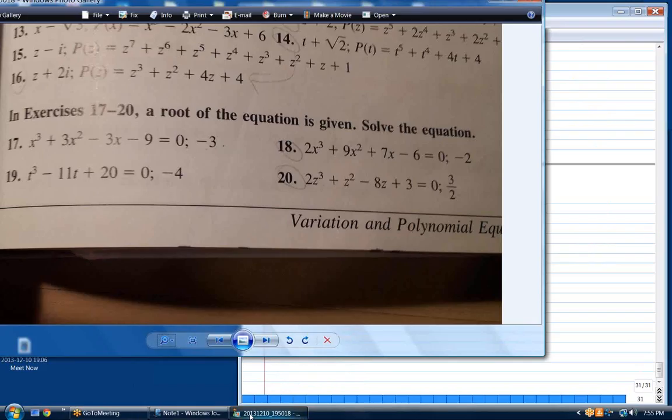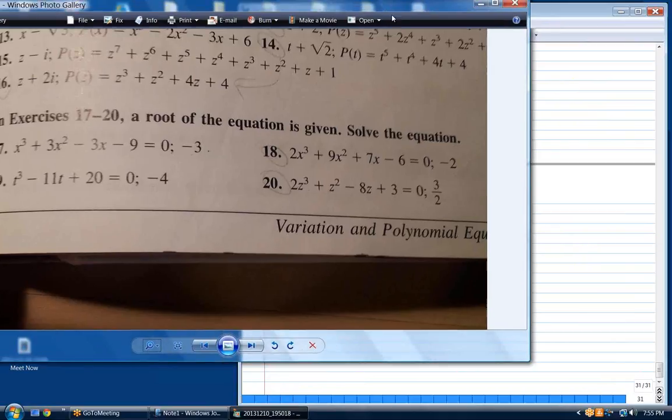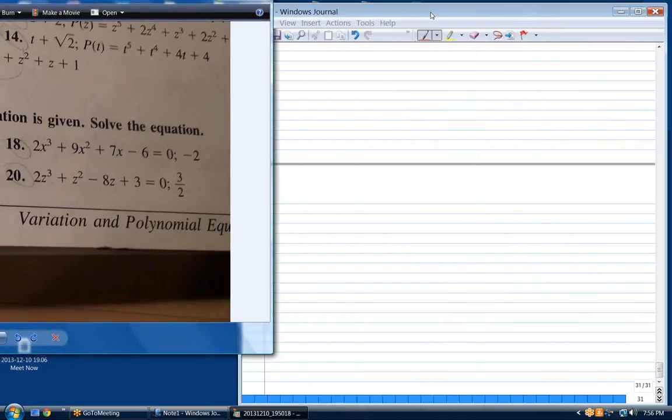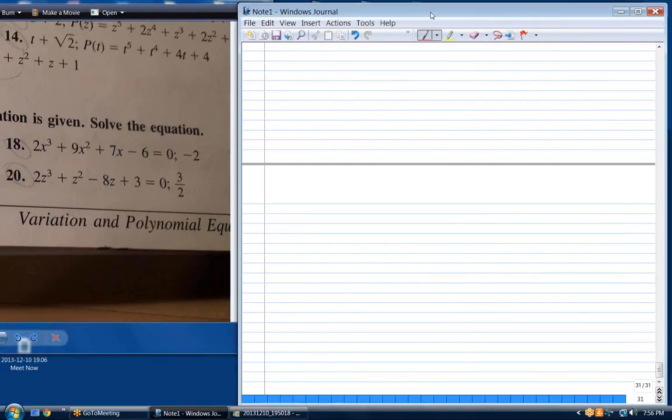Yeah. All right, let's look at 18. Let's do the same thing. What are my numbers across the top? For 18, it'd be 2, 9, 7, and negative 6.